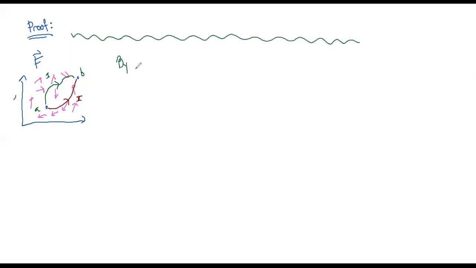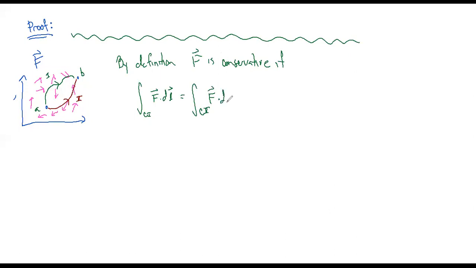By definition, f is conservative if the integral along contour 1 of f dot dl equals the integral along contour 2 of f dot dl for all contour 1 and contour 2. Super crazy. There's not a single one that we can think of for which that's not true. Gross.